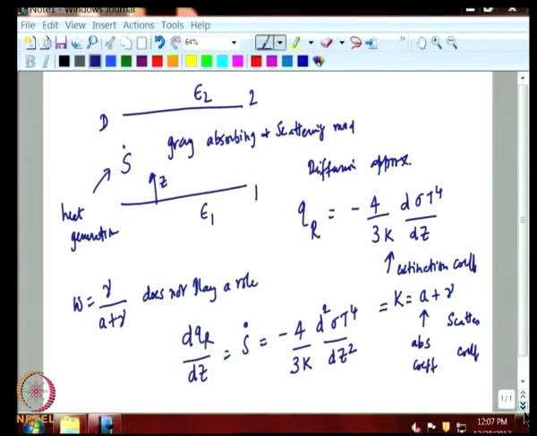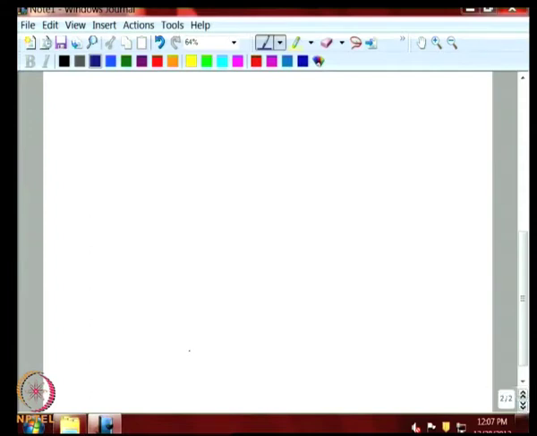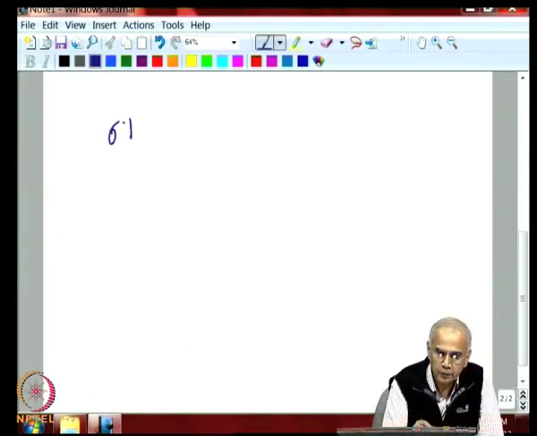So, now we integrate this equation, that is an easy integration. So, we will get sigma T to the power of 4 as a function of z.